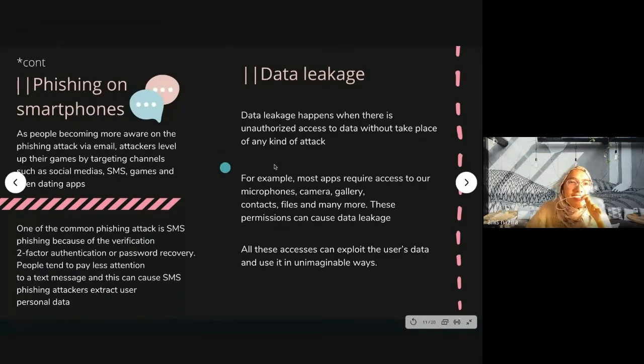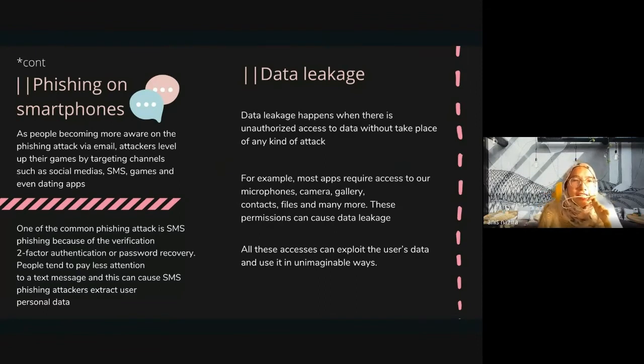The next one is data leakage. Data leakage happens when there is unauthorized access to the data without any kind of attack taking place. This is through the access to our microphone, camera, gallery, contacts, files, and many more.